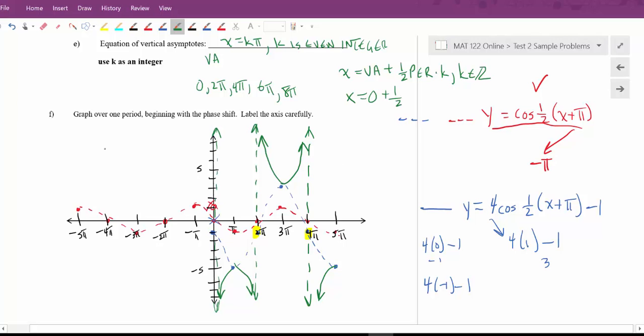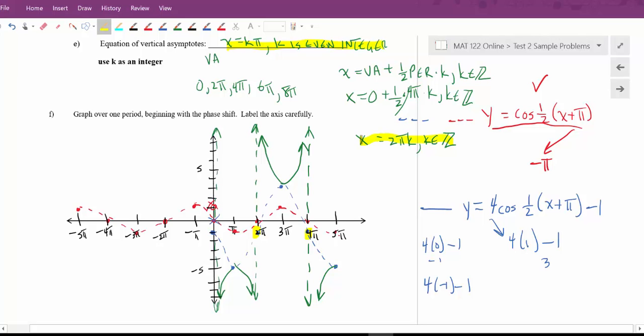The period on this was 4 pi, times k, with k being an integer. So you could write this as x equals 0 plus 2 pi, or just 2 pi k, where k is an integer. So that would also be a valid answer. You could either give me this answer just looking at the pattern or by using the formula.